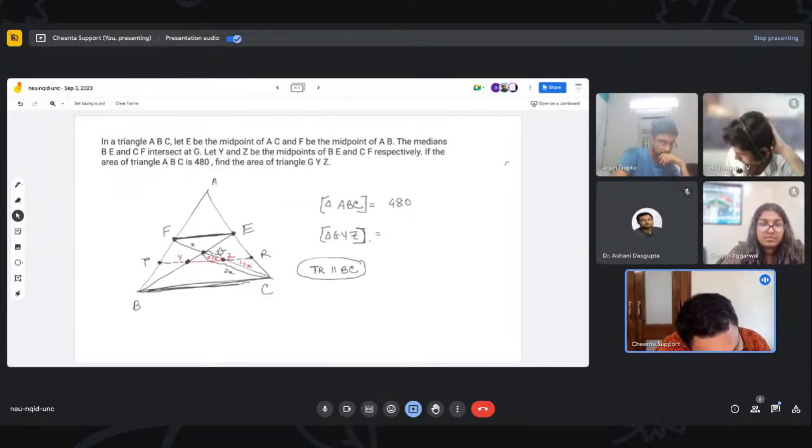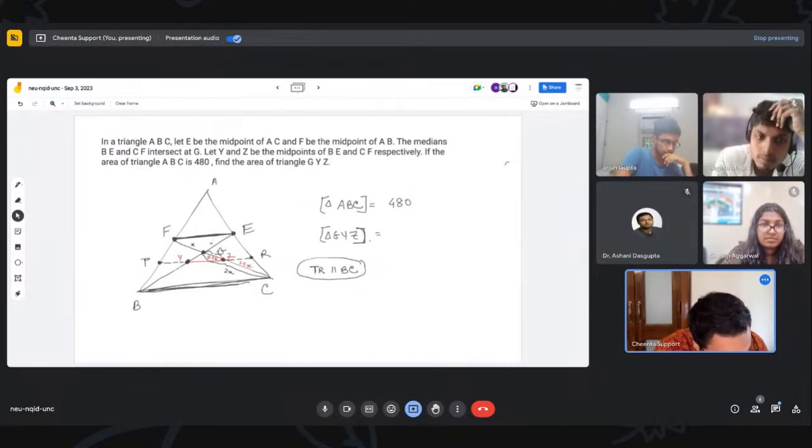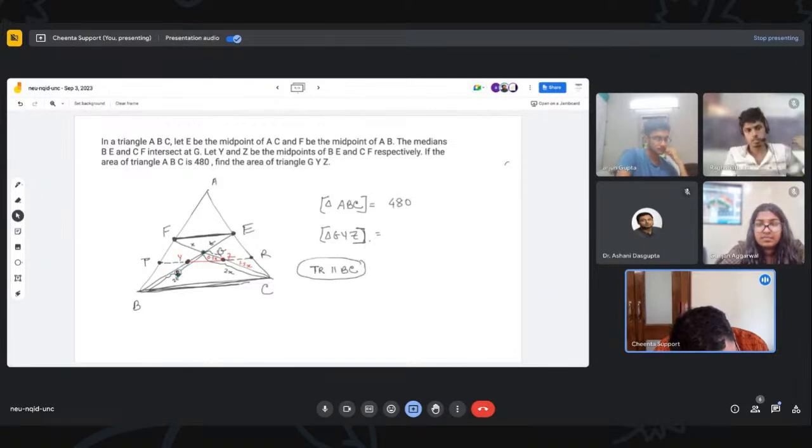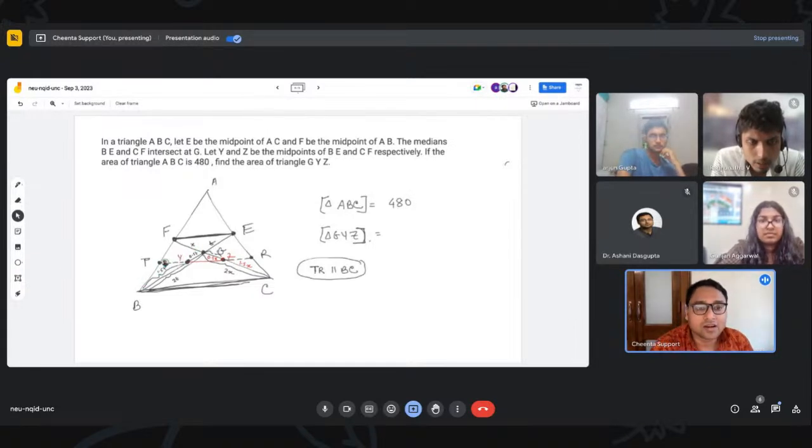And similarly, if this is t, then this is 2t, then this is 0.5t, and this is 1.5t. Okay, so now I think we have it.